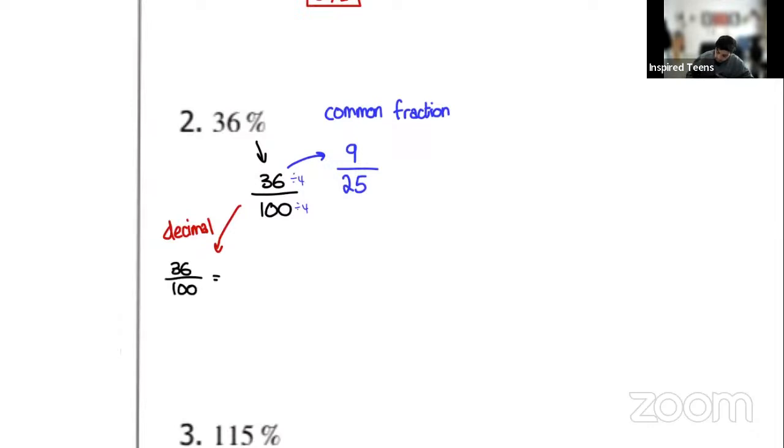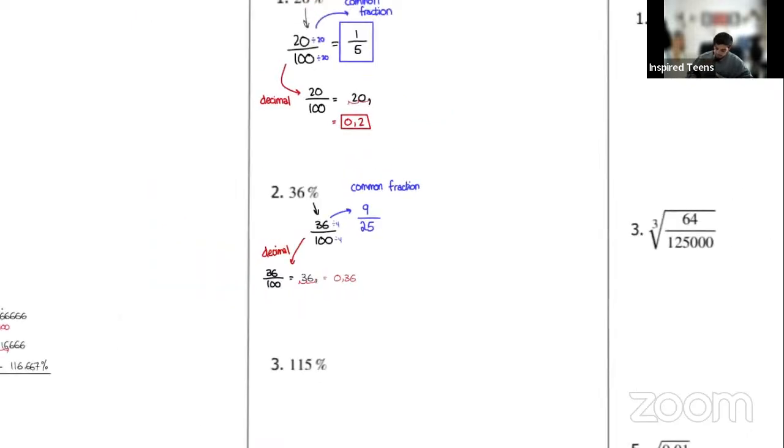So this is 36, where the comma is there, and you're going to move it 2 spaces to the left. 1, 2. This is equal to 0.36.